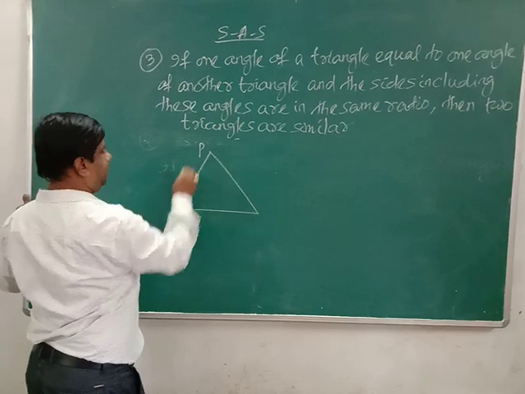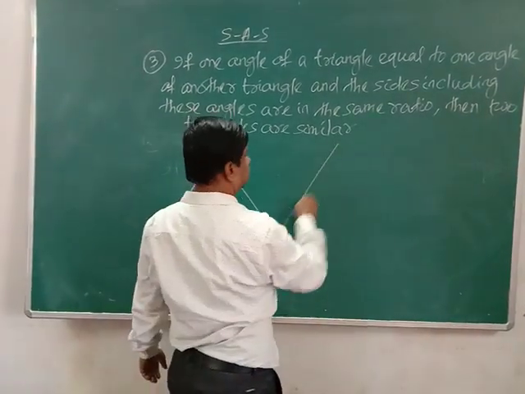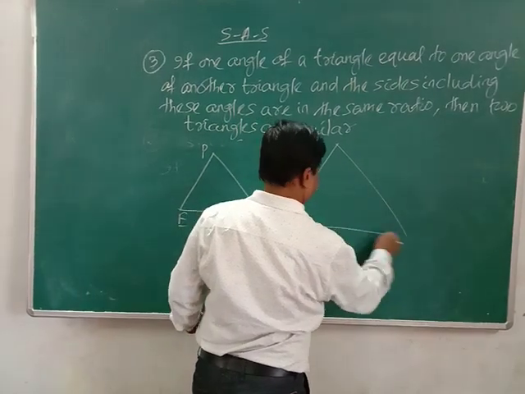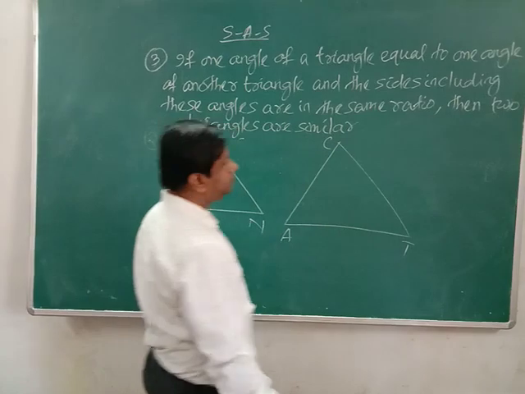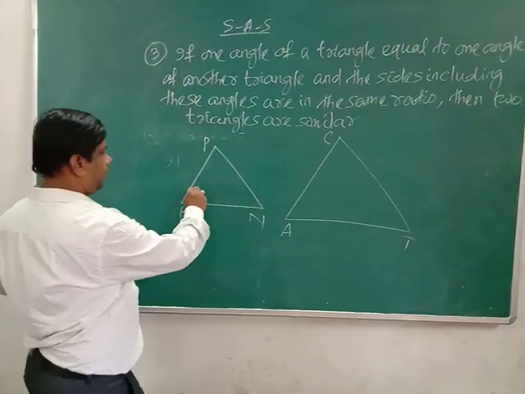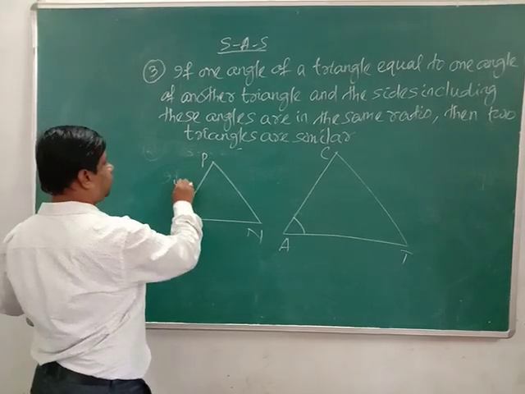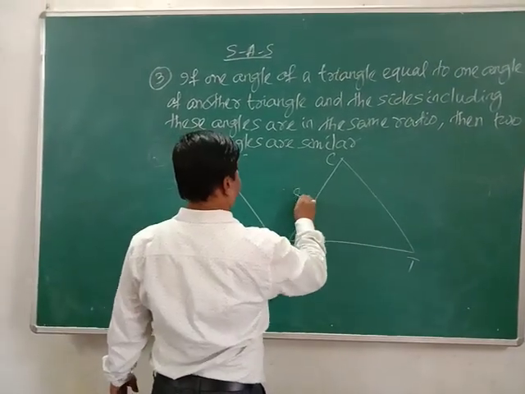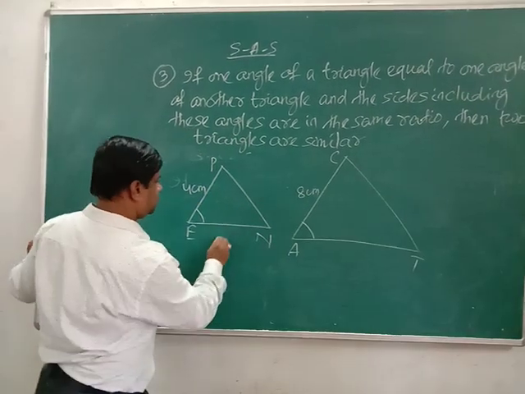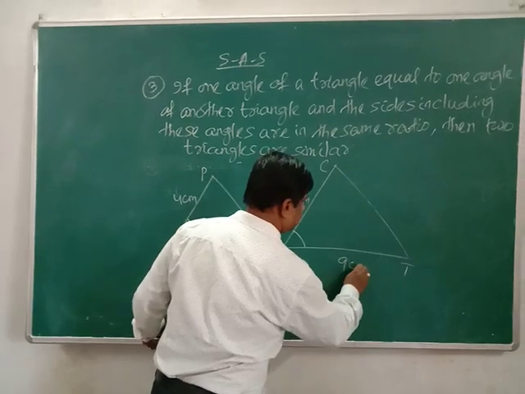Let PEN be a triangle, CAT is another triangle. You are given angle E is equal to angle A, and this is 4 centimeter, and this, let it be 8 centimeter. This is 4.5 centimeter, and this, suppose, 9 centimeter.